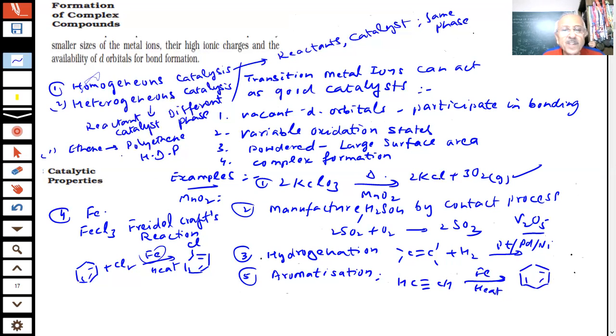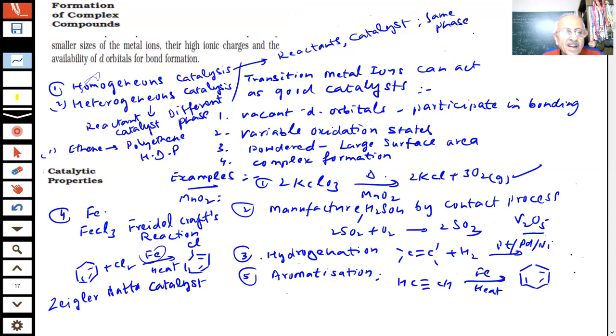In this, we use a very, very important catalyst, students. The name is so important, it has been asked many times. Ziegler-Natta, two scientists who made it. A Nobel Prize was also given to them. Ziegler-Natta catalyst.